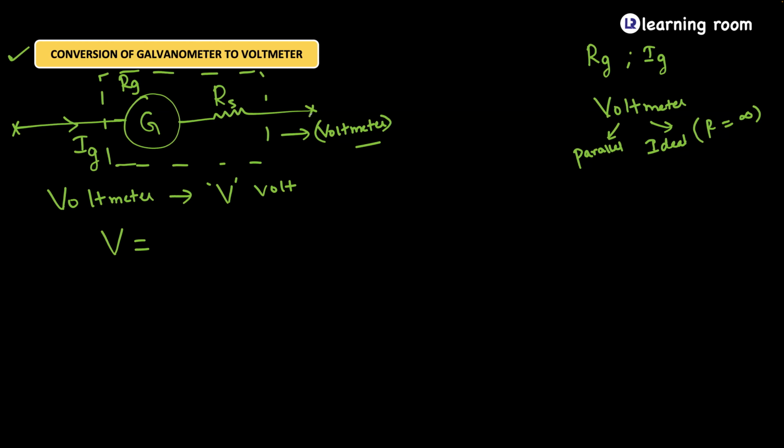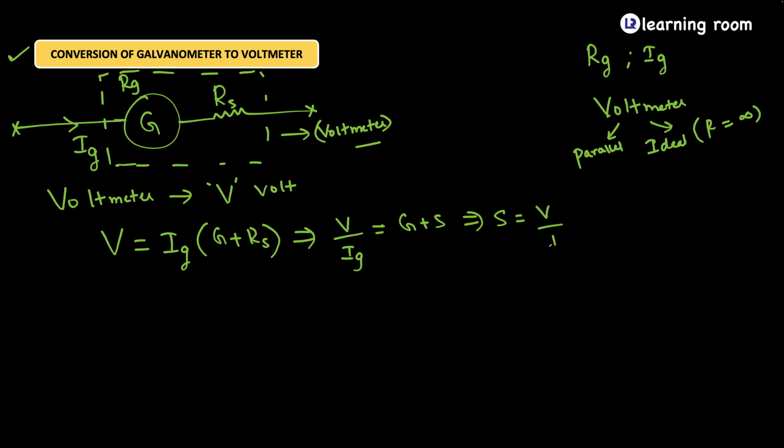So if I take the potential drop between the ends as V, then V is equal to IR. So what is the value of I that is passing through this device? Ig into the equivalent resistance here, G plus RS. So what is my job? I need to know how much should be the value of RS. For that, I'll take Ig to the other side. From here, can I write V divided by Ig is equal to G plus RS, which implies RS is equal to V by Ig minus G.